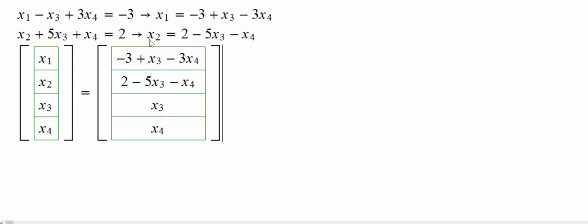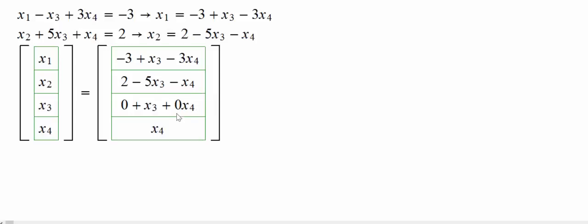When we go further, notice that now that we have only two variables, x3 and x4 here, let's do a little alignment for the sake of clarity. There was no constant in here before, so I wrote a 0.